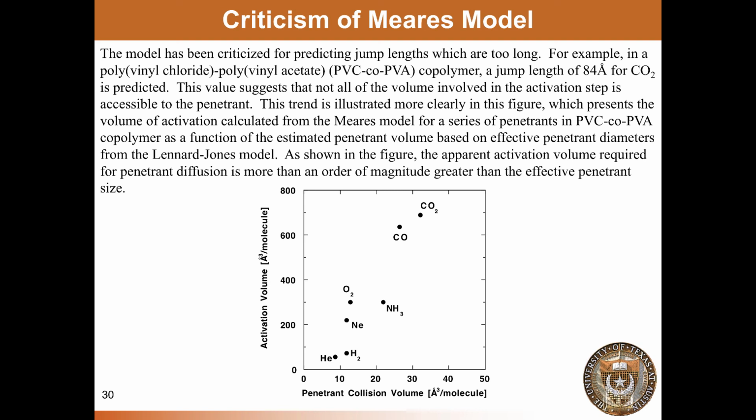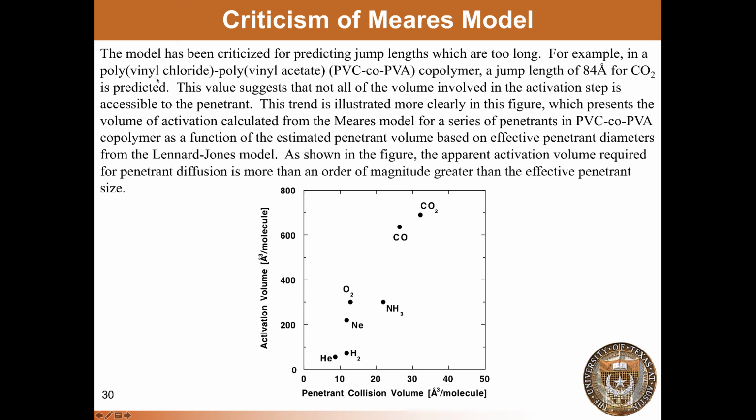I'll show that here in just a moment. One of the criticisms of the Mears model is that, if you look back a couple slides, this is really an incredibly oversimplified view of what could be a very complex phenomenon in a real material. And one of the things that this model doesn't get right is that it predicts jump lengths that are really long.